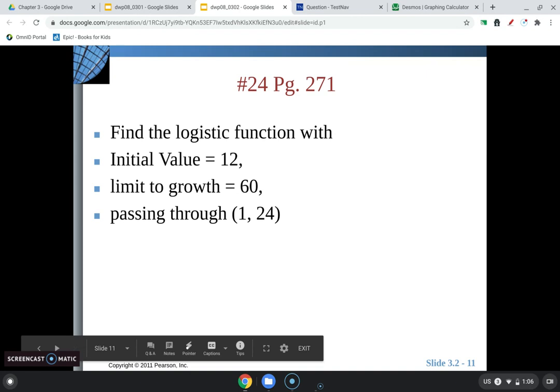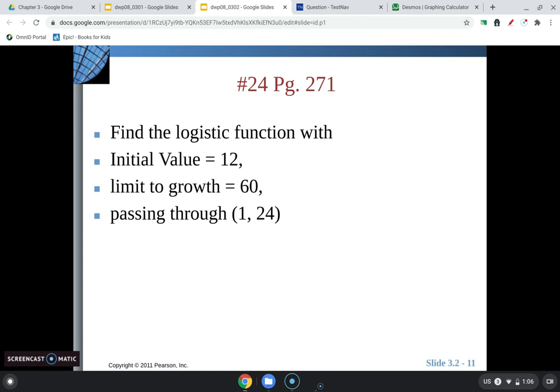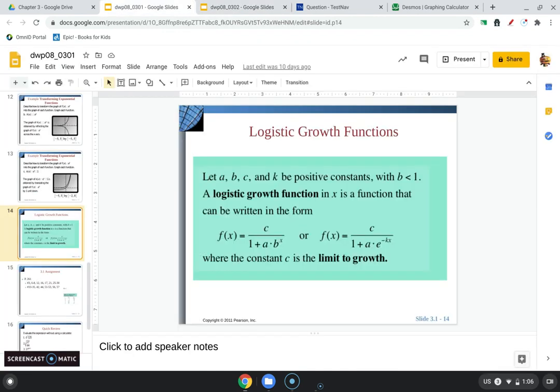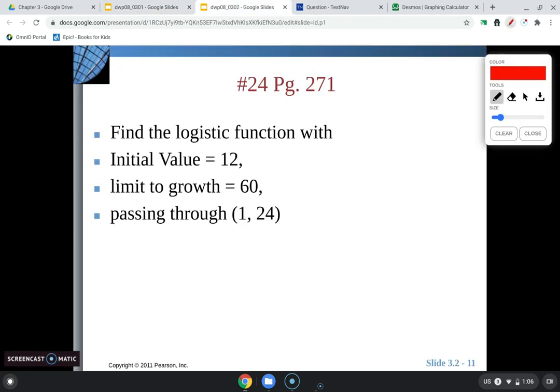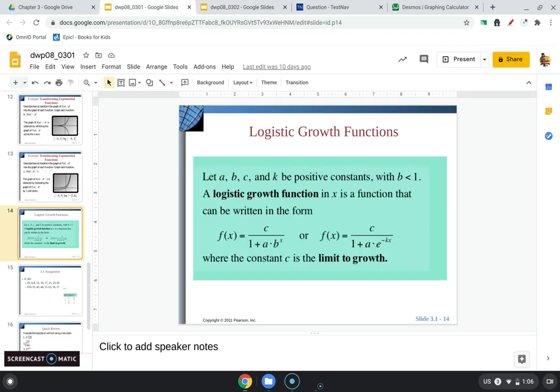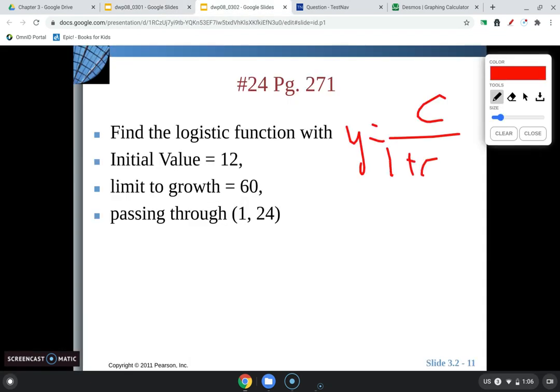24. Find the logistic function with an initial value of 12, limit to growth of 60, and passing through the point (1, 24). So I'm going to need to use my logistic equation right there. So it's going to be y equals c over 1 plus a times b to the x.